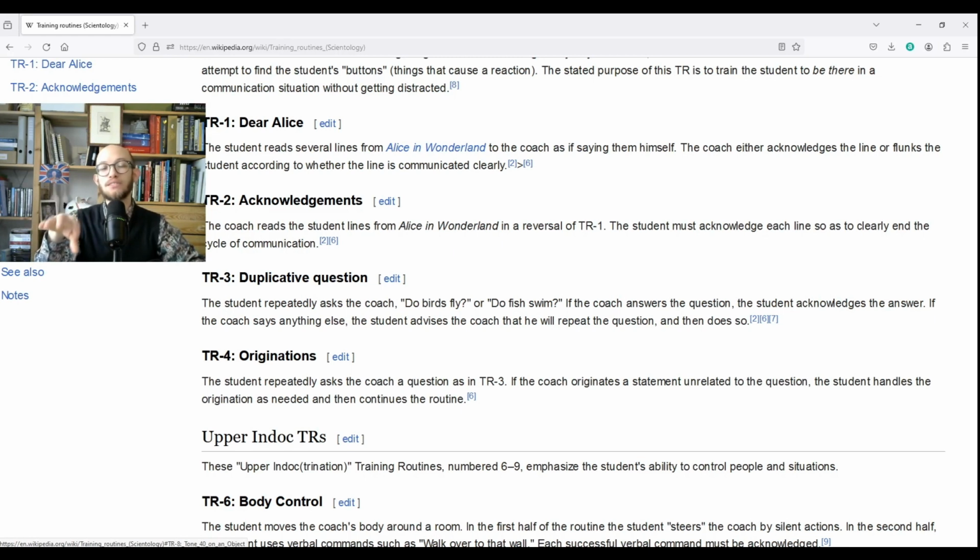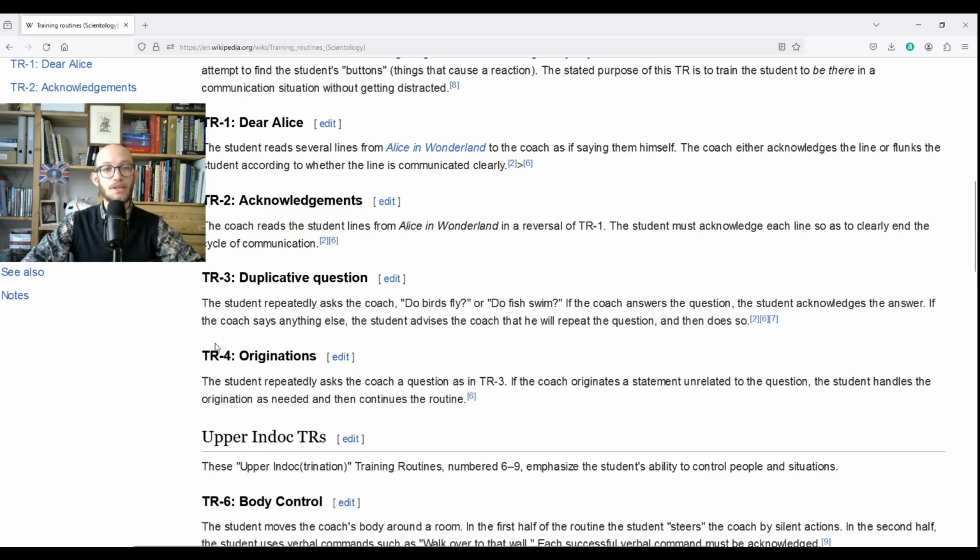Because this does not answer my question whatsoever, I will ignore what he says, and I'll repeat the auditing question, do birds fly? And then I'll keep going until the person answers the question. This again is to always get an answer to the question. Always get the PC to answer your question. You always have to get an answer, whatever the answer is, right?